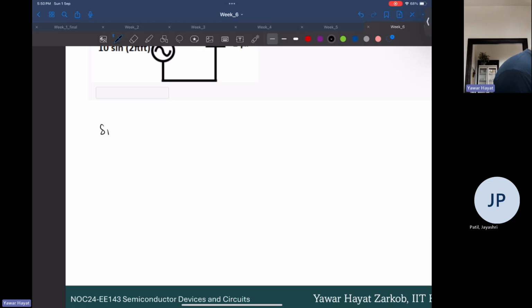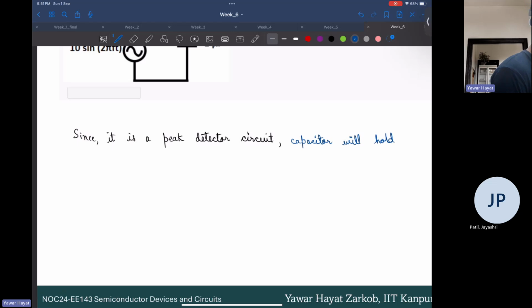So I'll write, since it is a peak detector circuit, your capacitor will hold the peak value, V in minus VD, right?